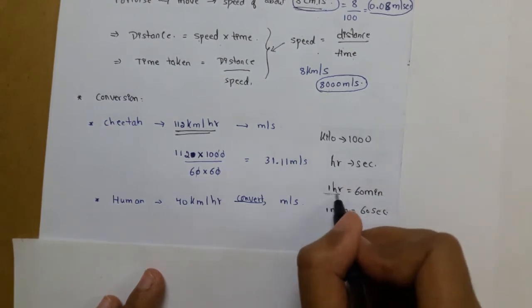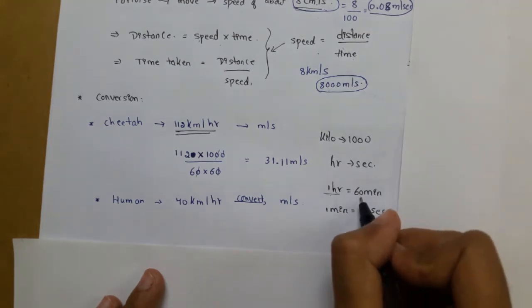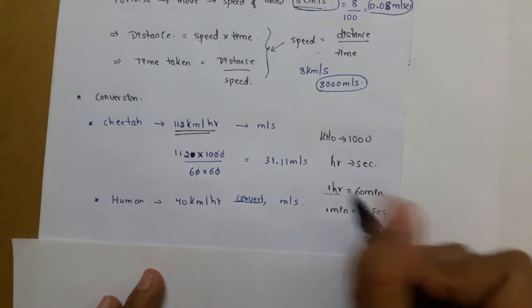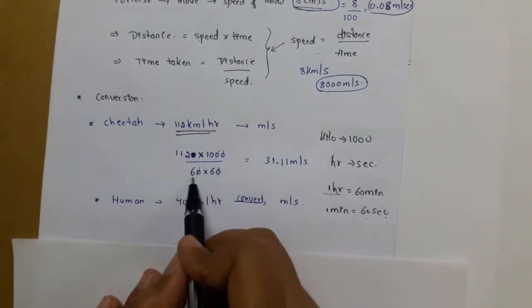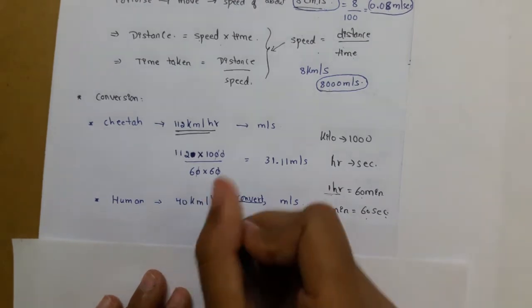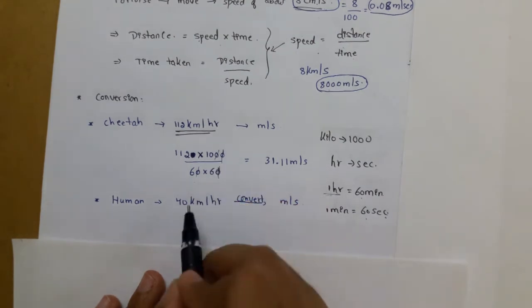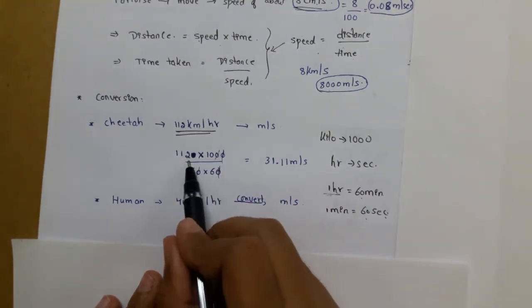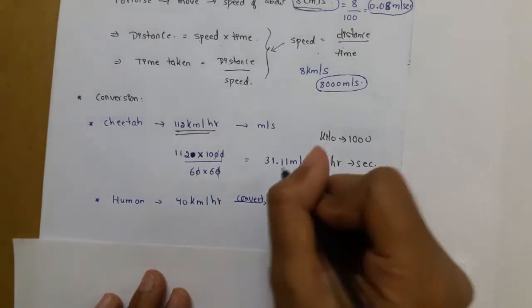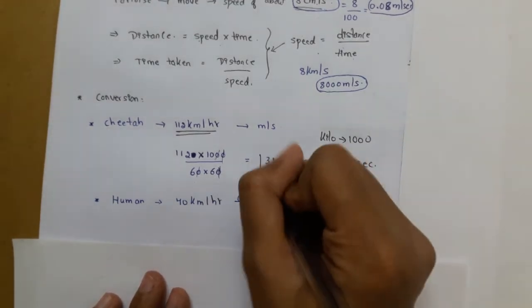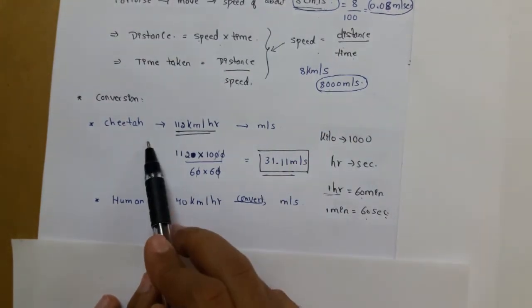So to get 1 hour in terms of seconds, we divide by 60 into 60. So 112 into 1000 divided by 60 into 60. Here a 10 will get cancelled, another 0 will get cancelled, and we multiply the remaining terms and we get the speed in meter per second, that is 31.11 meter per second. That is the speed of the cheetah.